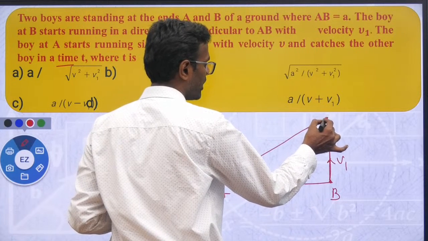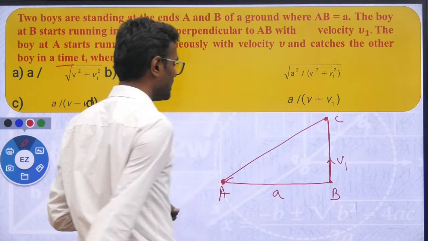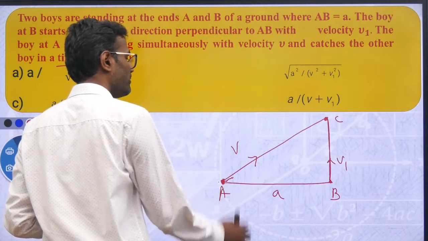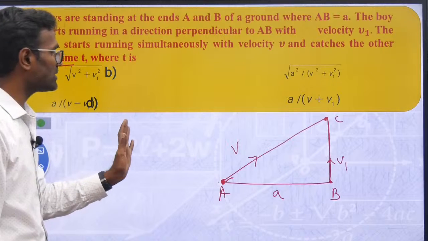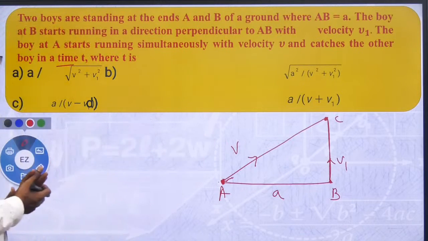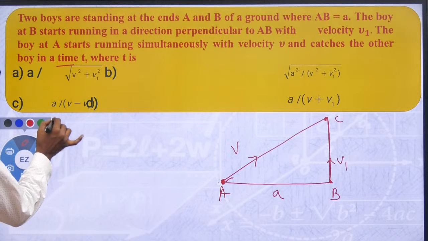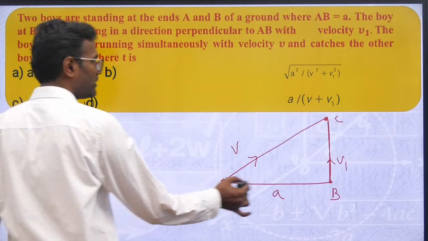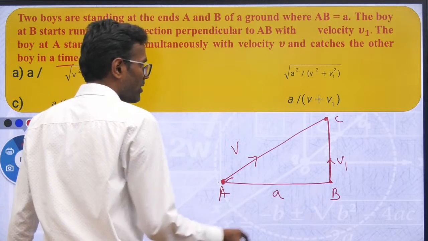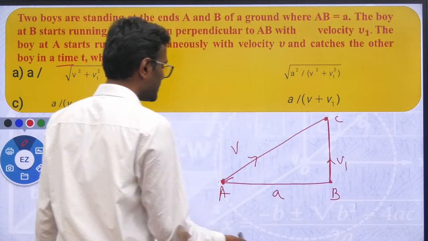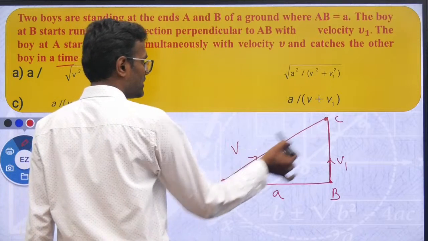Suppose this is the meeting point, let me write C. A is moving with velocity v. After how much time are these two boys going to meet? AB length is a. What about BC length? B to C, time taken t seconds. And what about AC length?